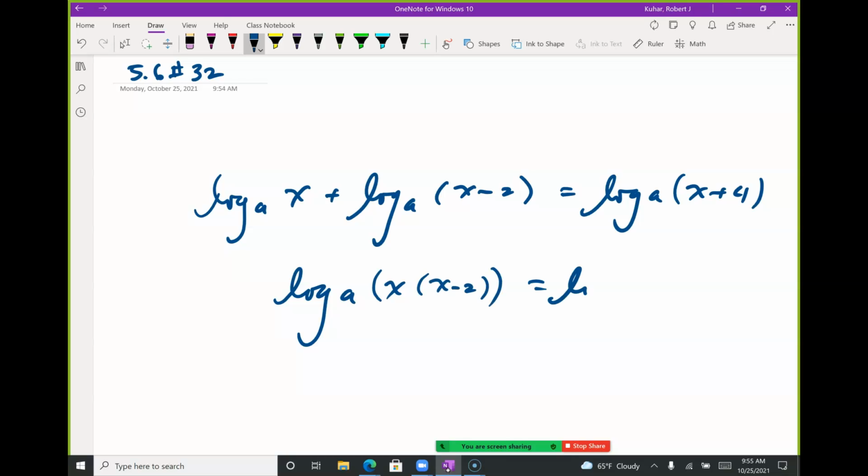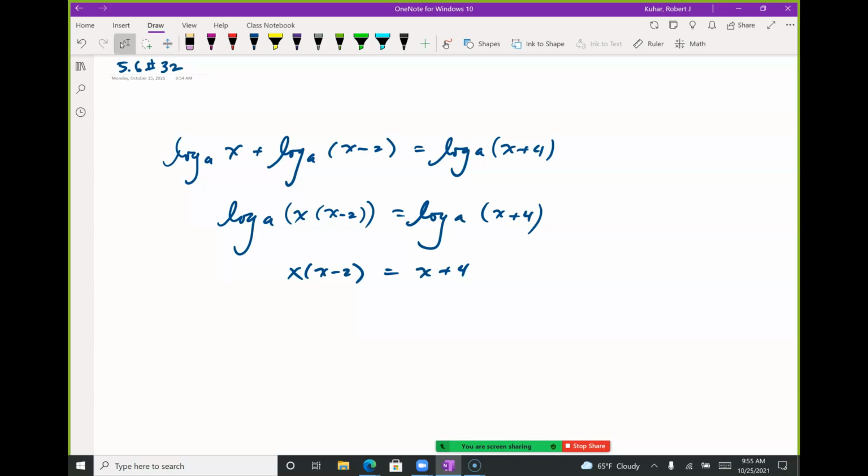Now I could raise both sides to base a and everything disappears but the arguments. But I also know that log is already one to one, so the insides are equal. I don't even have to do anything. I can just say x times x minus 2 is equal to x plus 4.